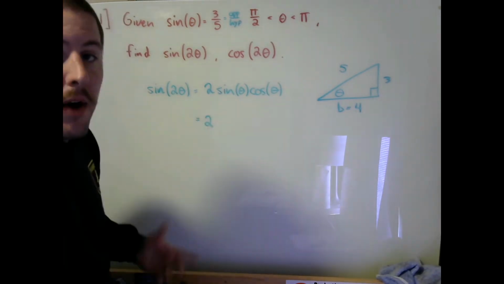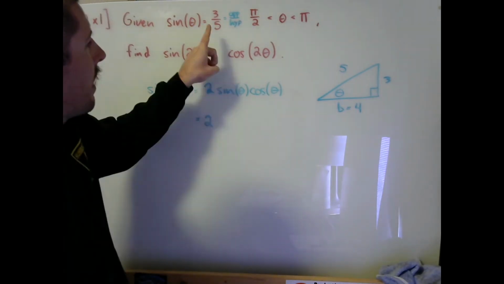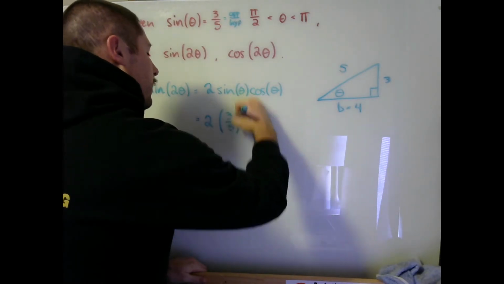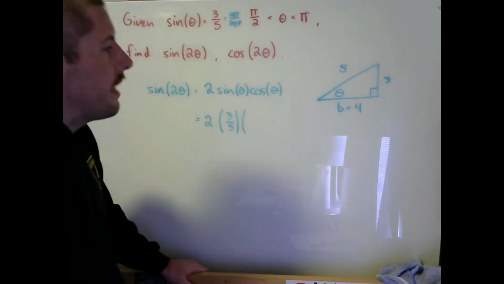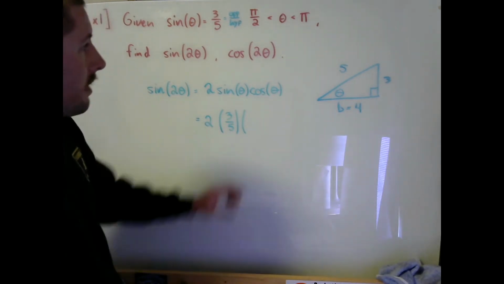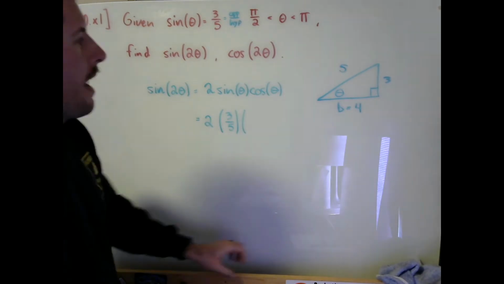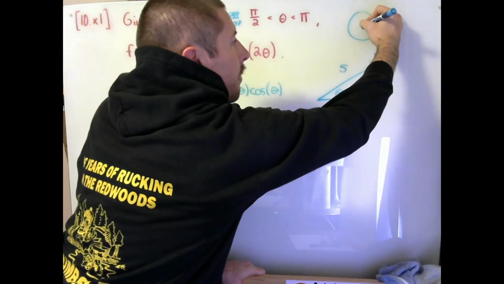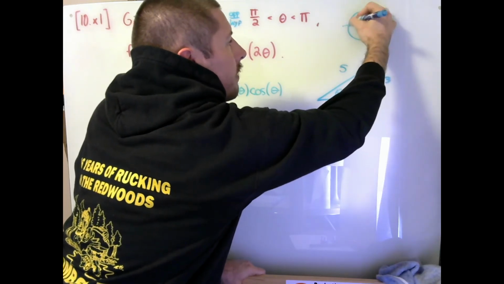It looks like we can go ahead and compute our value now. Sine of theta was originally given to us as 3/5. Cosine of theta we can now read from our triangle, but we want to be a little bit careful here. Notice that our angle lives from pi halves to pi. In terms of our unit circle, that means that we live somewhere here.